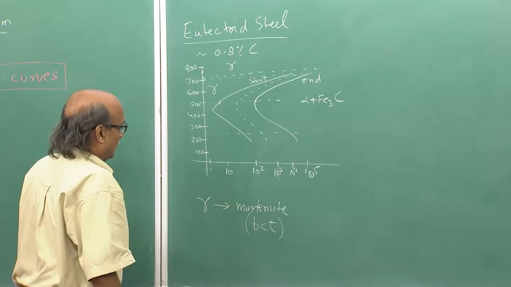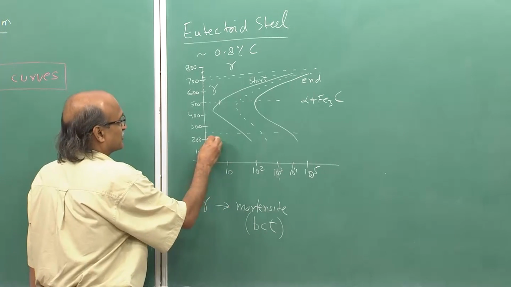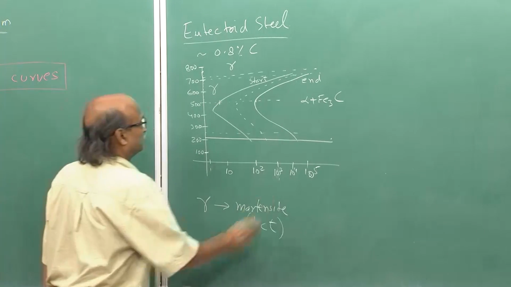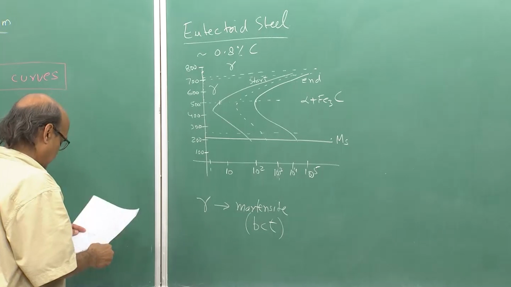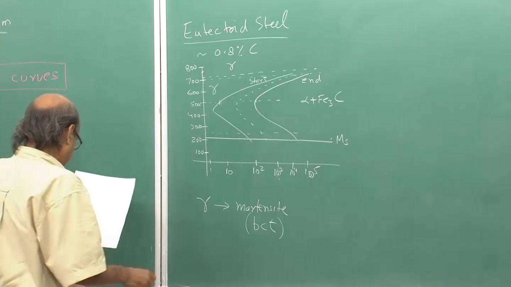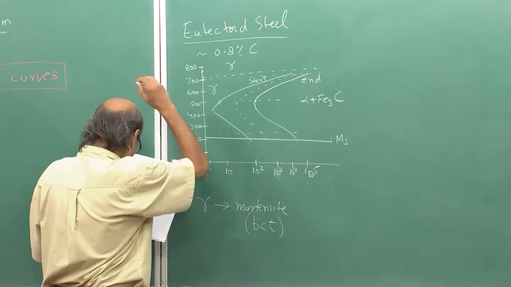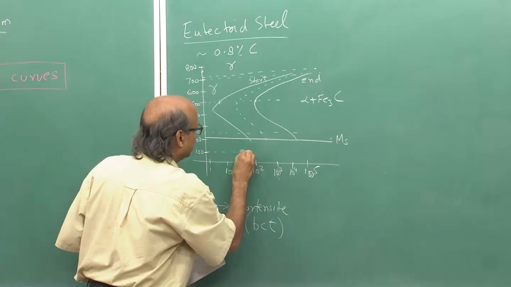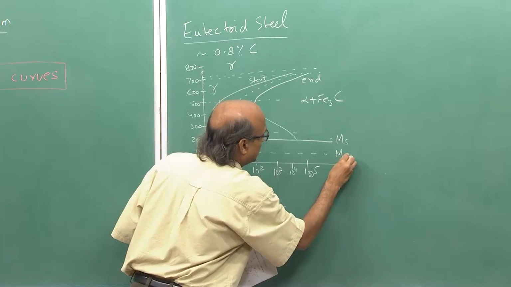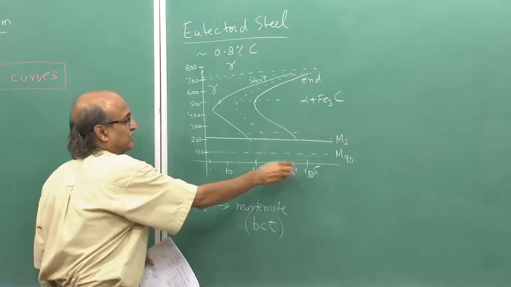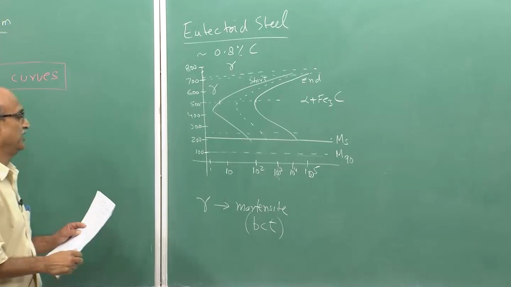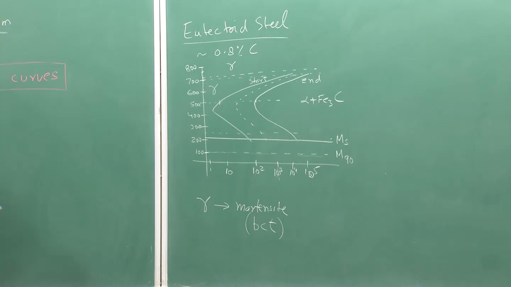But on the diagram we would have a martensite start line, it's called as MS, and we would have a martensite end line, or let us say M90 line, that when it reaches this, the 90% of the martensite would have formed.